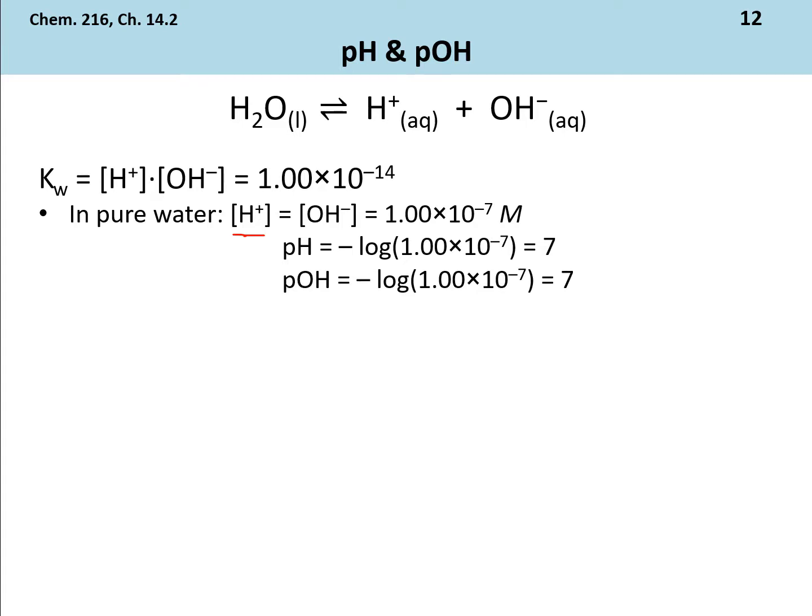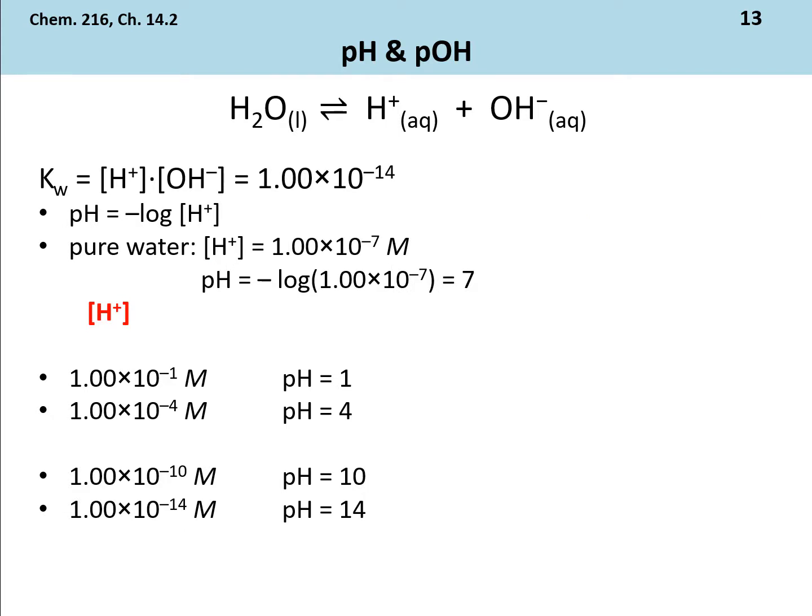I can do the same thing for pOH, and notice that I get a pH of 7 and a pOH of 7. This is in pure water, or what we call neutral.